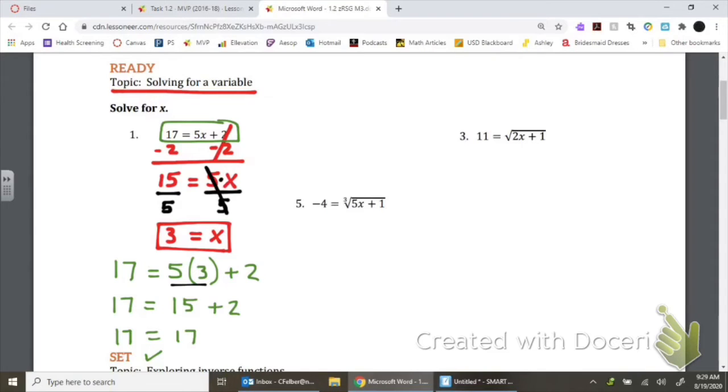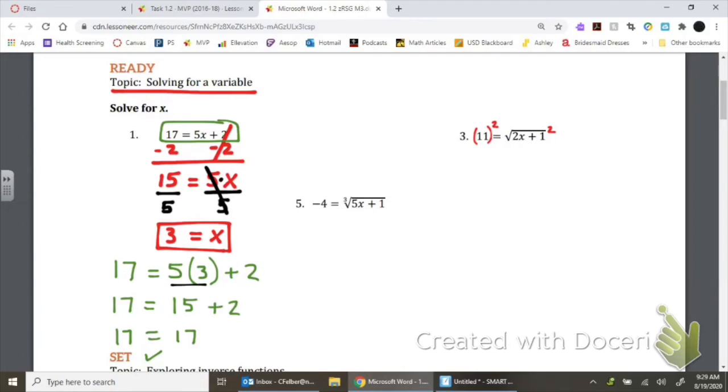All right. Next one I want to talk about is number 3. Again, we are trying to get this x here by itself. But in order to do that, I noticed that there's this square root sign, so I want to get rid of that. In order to get rid of a square root, I have to do the opposite of square rooting, which is squaring. But again, I have to do that to each side of the equation.